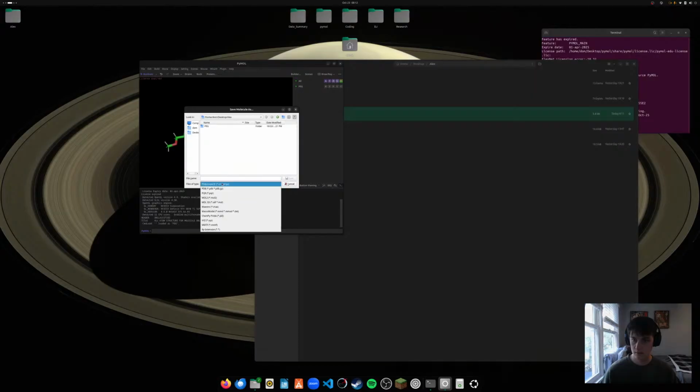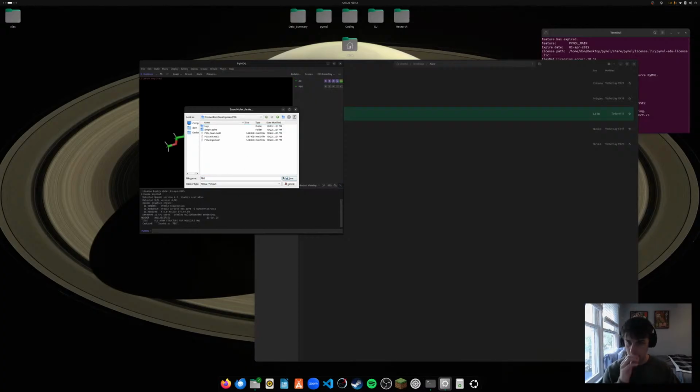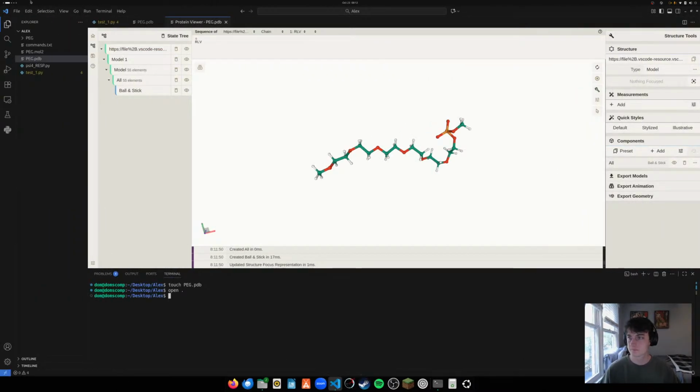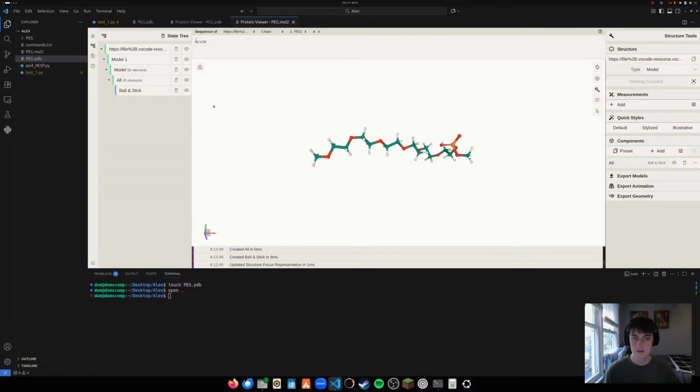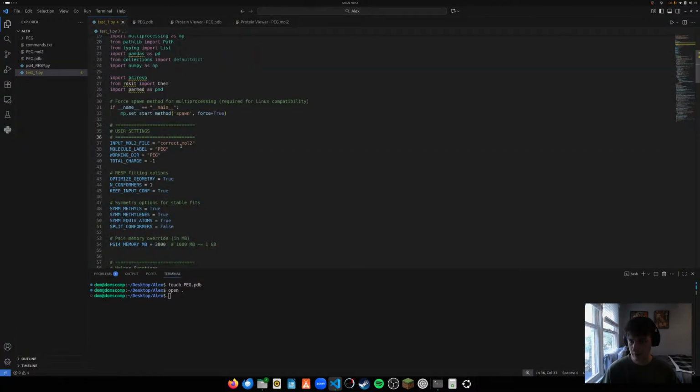Save, mol2. We'll call it PEG.mol2. Wait, why is it doing that? Okay, let's see if this looks fine. It does. And then we should be able to do PEG underscore mol2.